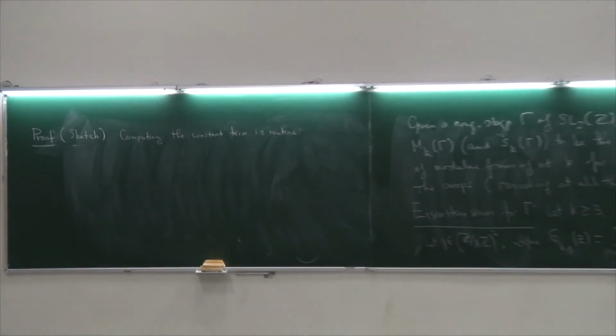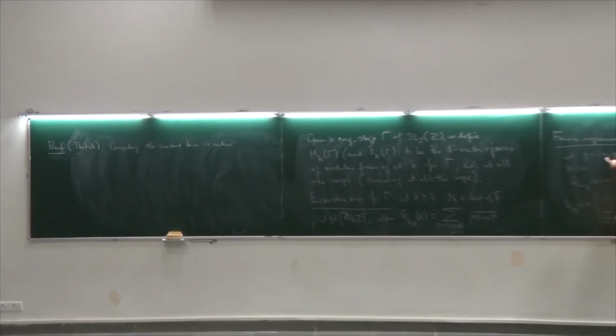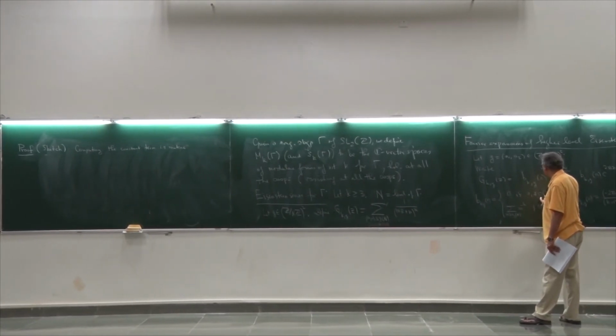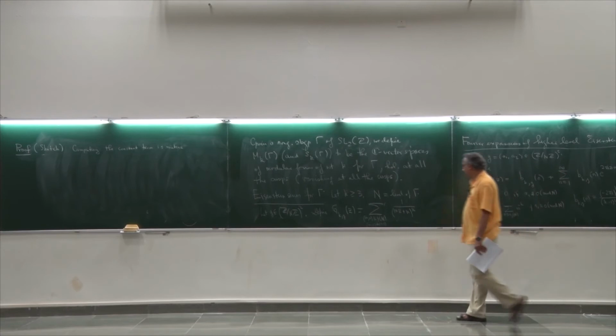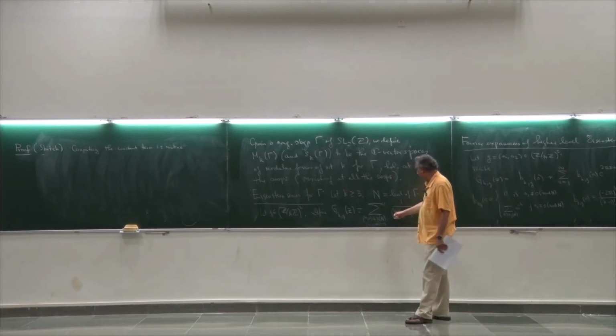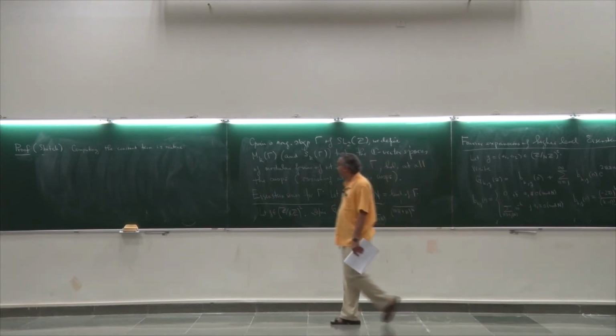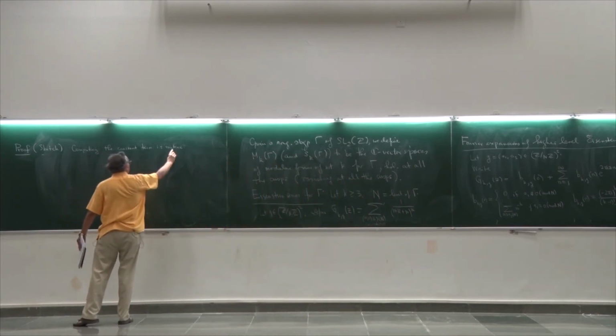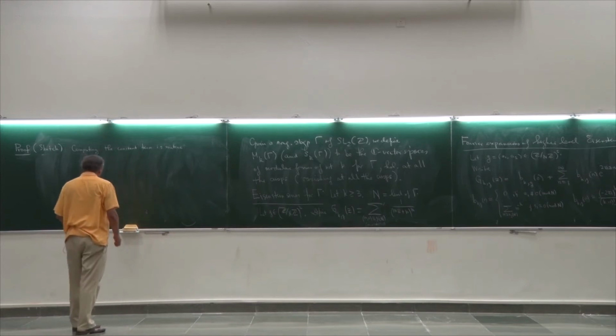Where did I write it? Here it is. If a1 is 0 mod n, then you know you're going to pick it up. If a1 is not 0, you're not going to pick up any term, and so there will be this thing which will not be 0, and so at z equals i infinity, this whole thing is 0. So the only time it might survive is when that thing is 0, and I'll leave this calculation to you to do.